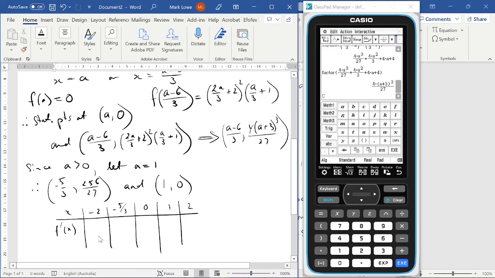Oh, yes, of course. So that's going to be positive. That's going to be 0. Putting 0 in there, it's going to be negative 1. It's going to be negative, 0, and positive again.